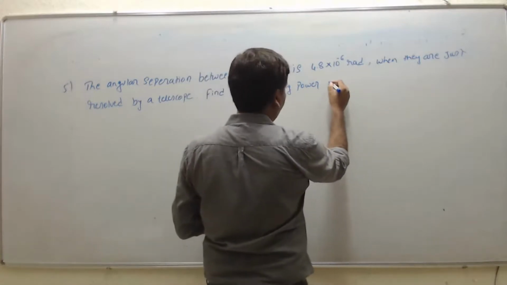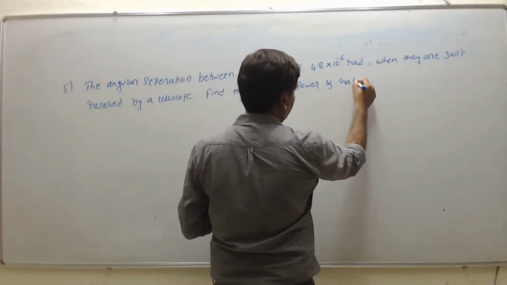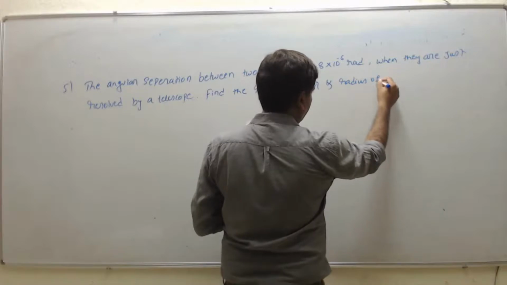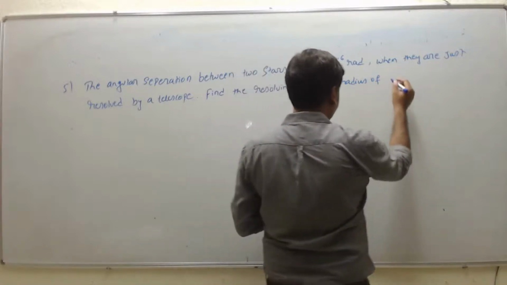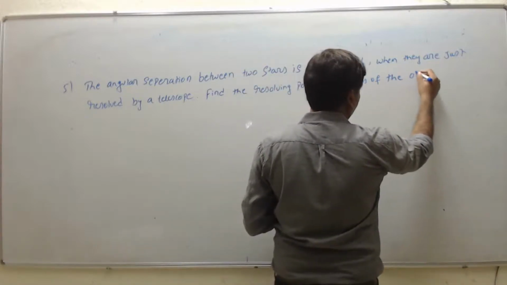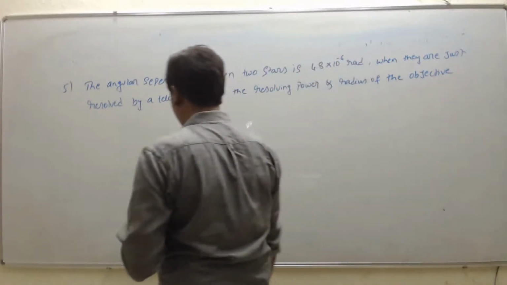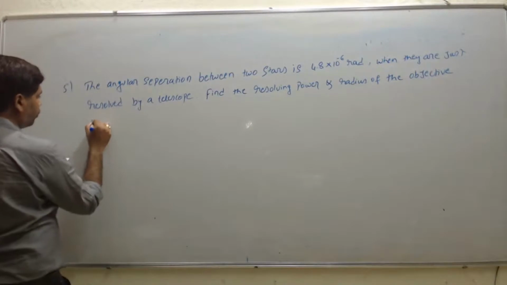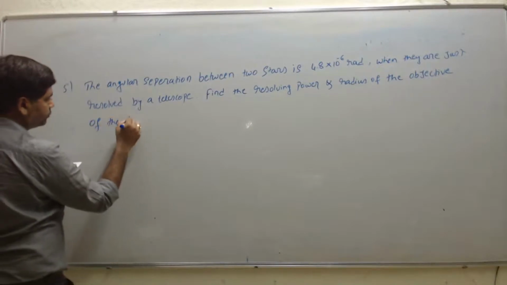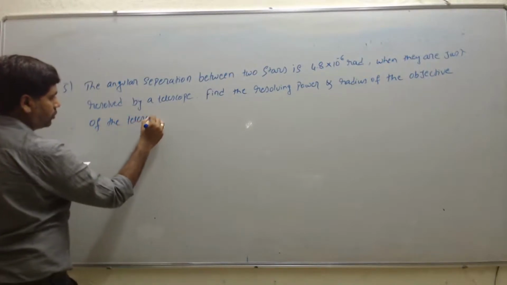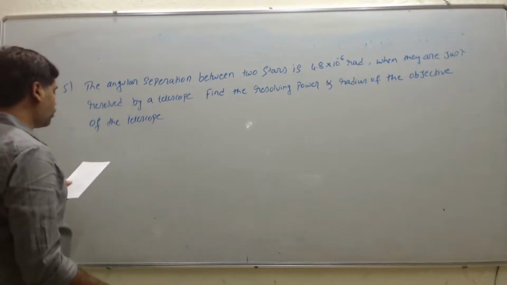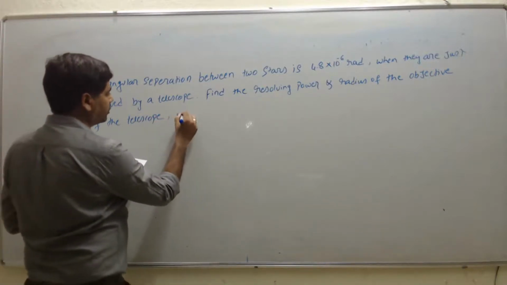and the radius of the objective of the telescope. The wavelength of light is given.